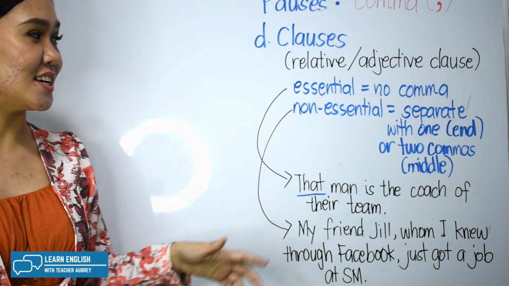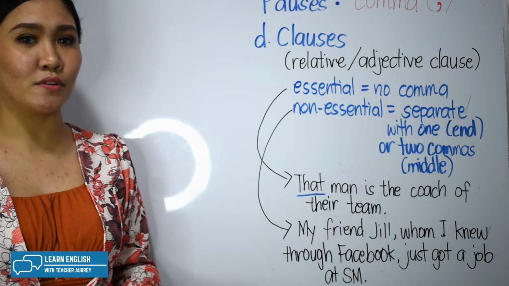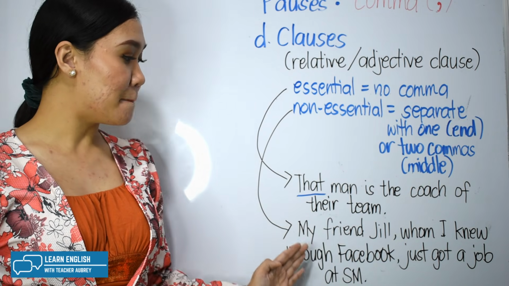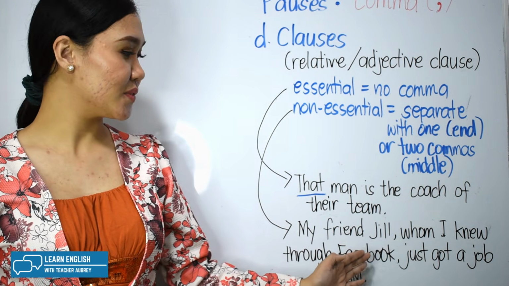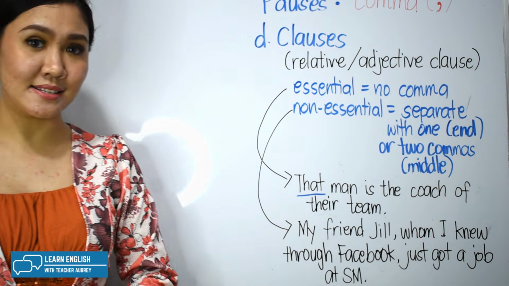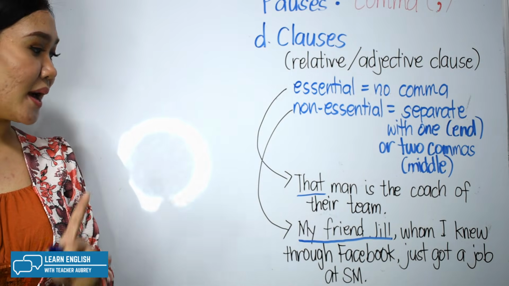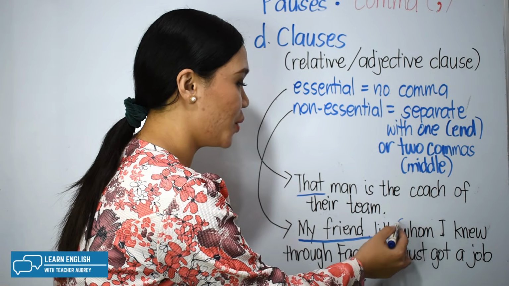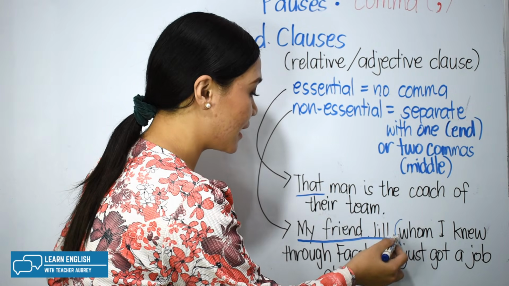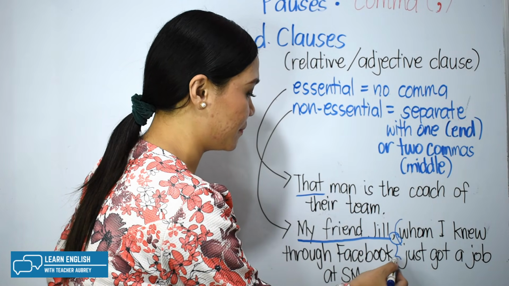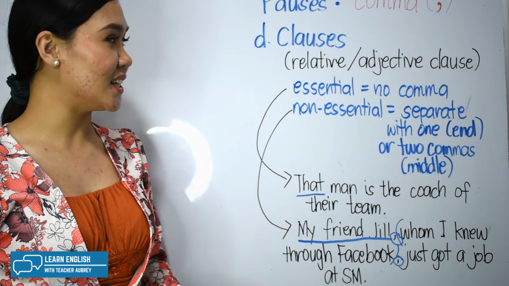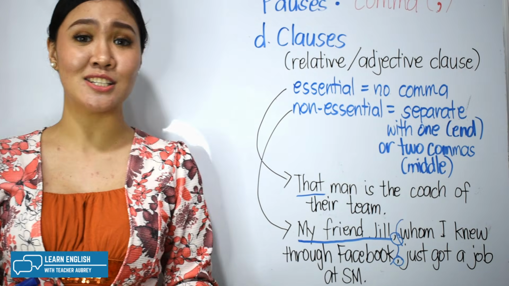Tingnan natin itong non-essential na relative or adjective clause dahil dito tayo gumagamit ng comma. The example we have here is, my friend Jill, whom I knew through Facebook, just got a job at SM. Pansinin natin na ihiniwalay ito, ginamitan ng comma sa pagitan, dahil yan ay tinatawag nating non-essential relative or adjective clause. Bakit non-essential?